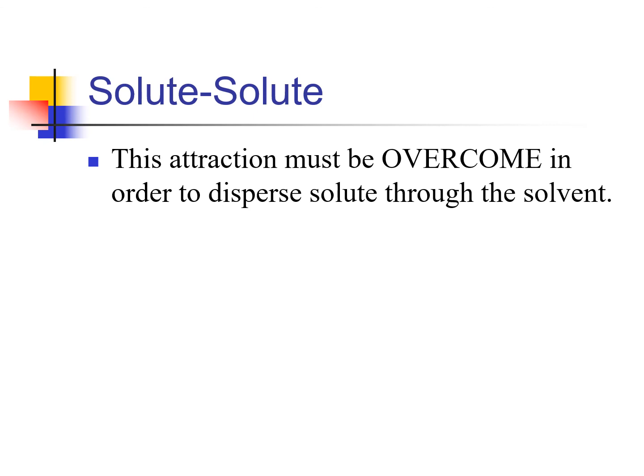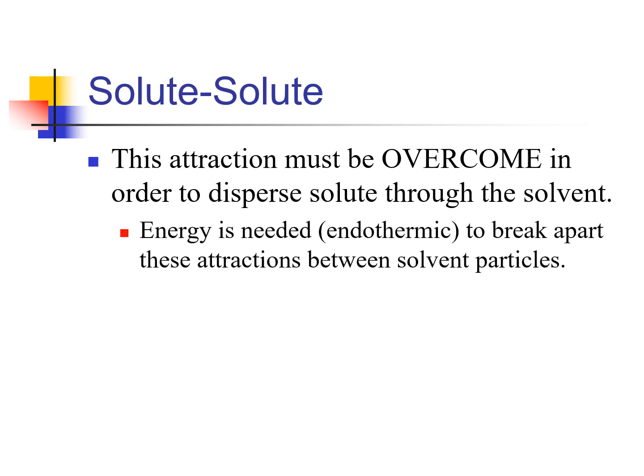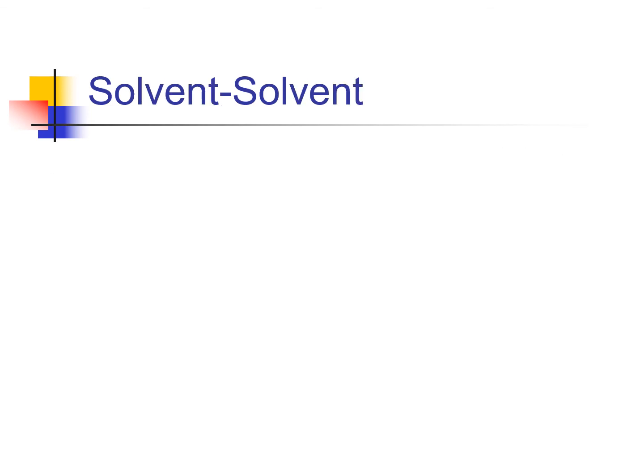The greater that force is, the harder it is for something to dissolve. Water, as weird as it is to talk about water being this universal solvent, actually has hydrogen bonding, so pretty strong attractions. We have to put energy in to break apart those intermolecular forces between the solvent particles.